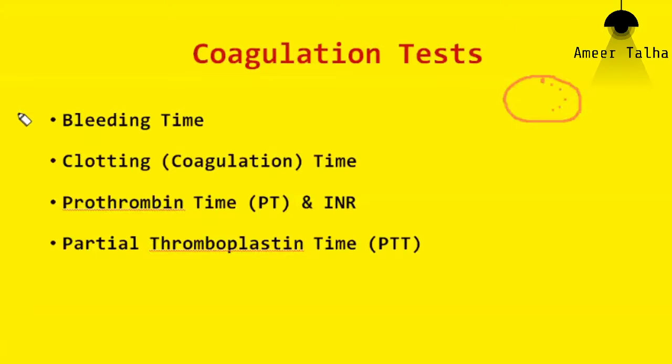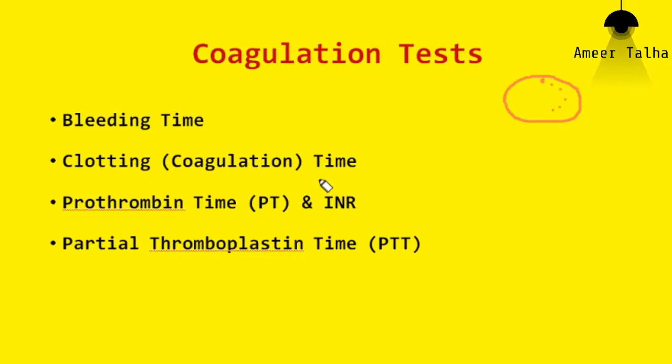Which cells determine bleeding time? Thrombocytes, platelets. The other coagulation test is clotting time or coagulation time.